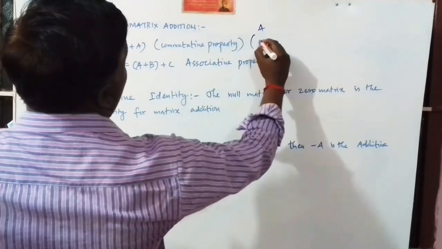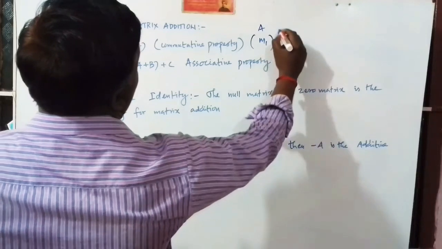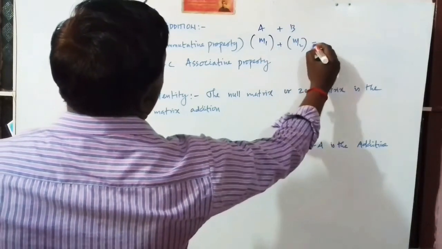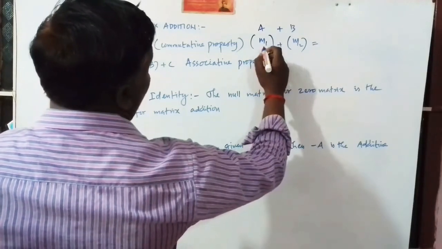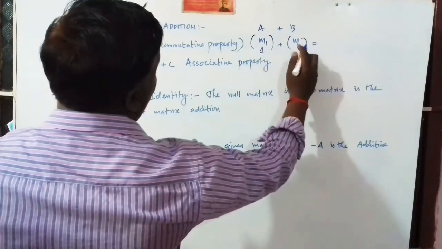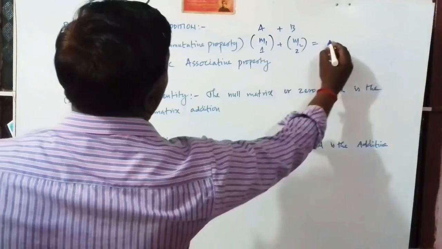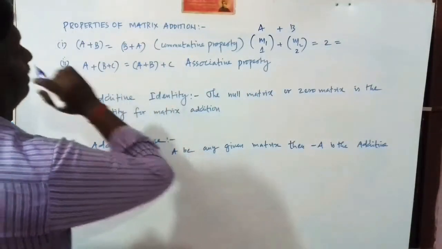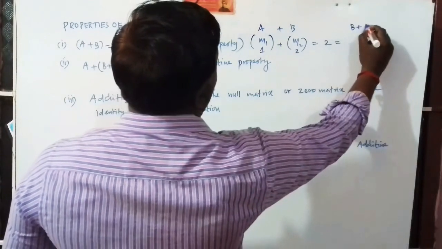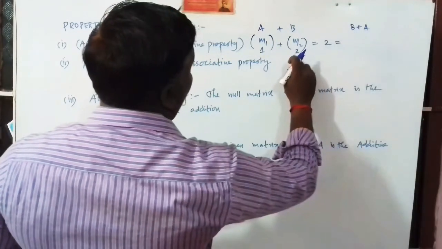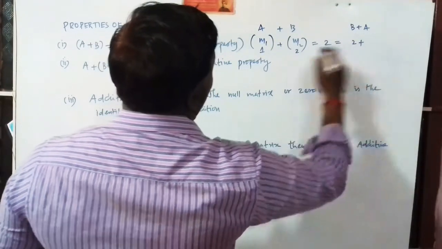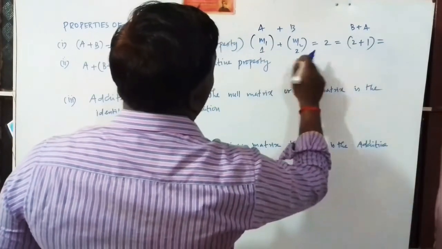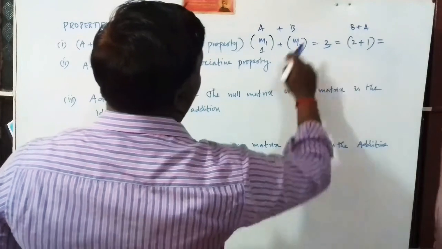A equal to 1 plus B equal to 2, which is equal to 1 plus 2 equal to 3. Right hand side, B plus A: replace B equal to 2 and A equal to 1.